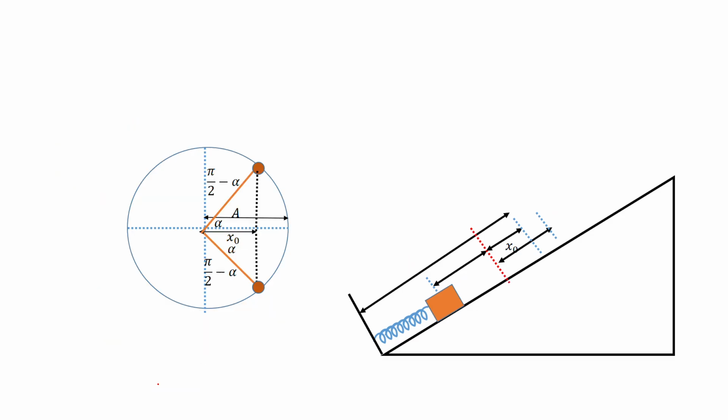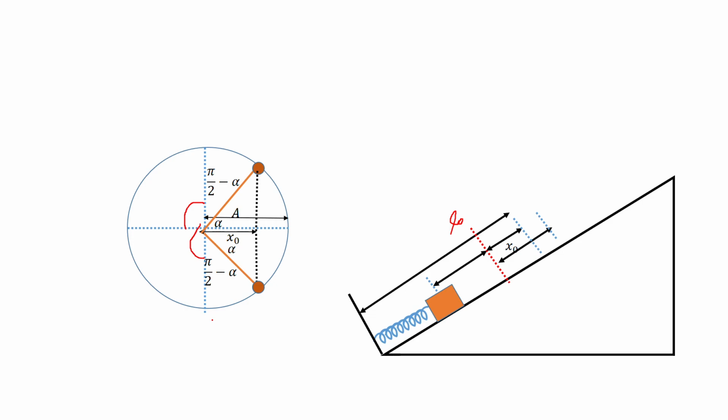Now when we use the phase diagram concept here, what we will observe is that during the motion, from the natural length L0 to x naught, the block has to move a distance x naught, then it will compress the spring to its extreme position, then further it will return back to its equilibrium position.